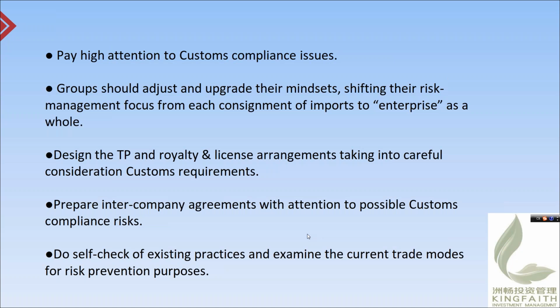This practice would lead to some serious outcome when challenged by China Customs, because they may include the whole price into the customs value, unless you can provide strong evidence allocating or apportioning the royalty and license fees.